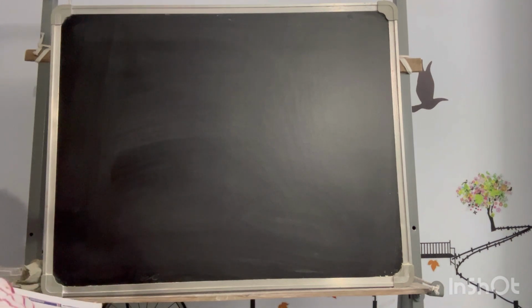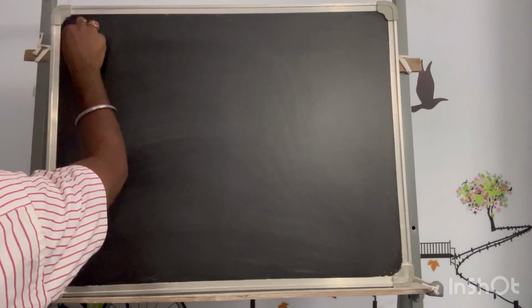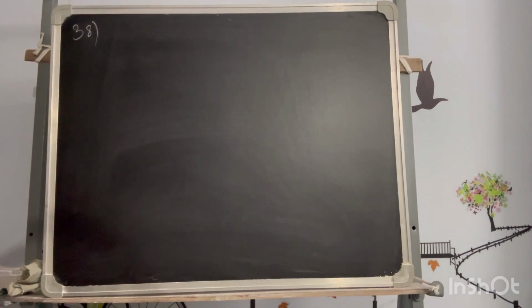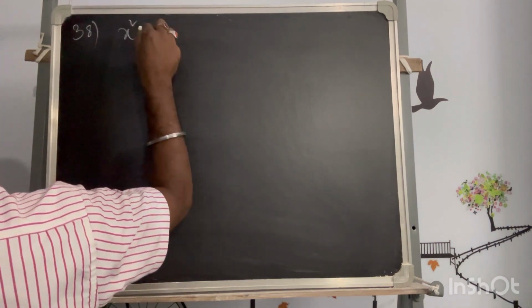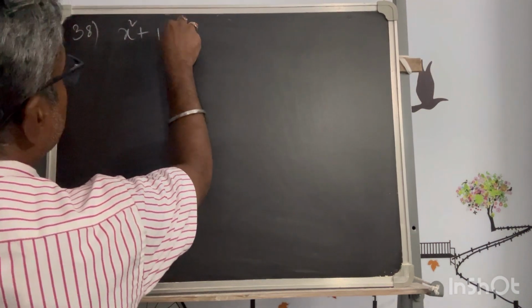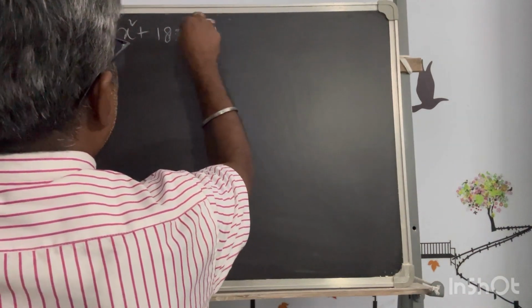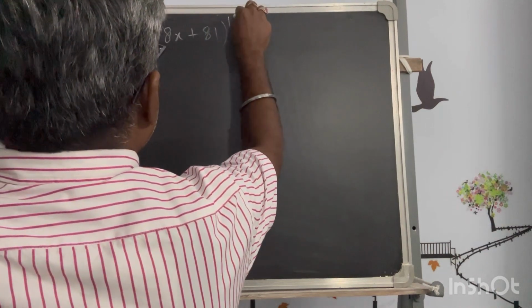This was given, 37 done, 38. x square plus 18x plus 81, the whole to the power 15.